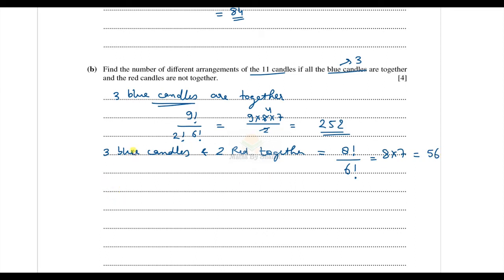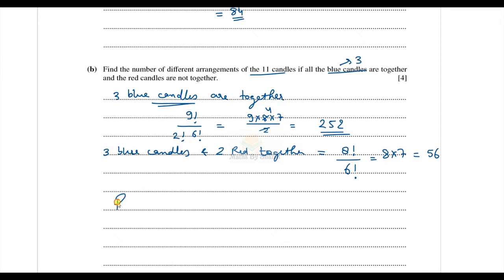So if we subtract this arrangement, when the two red candles are together, from the total number of arrangements when only the 3 blue candles were together, we will get the arrangements where red candles are not together.